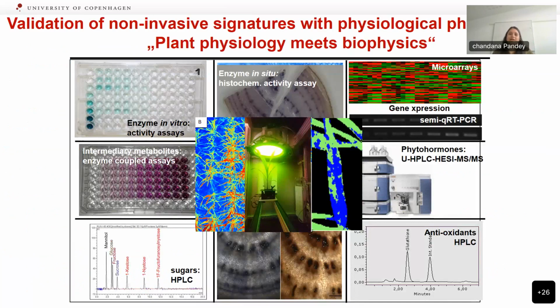So at the end, I can conclude that by using physiological phenotyping, where we use the enzymes and also the breeding lines or the genotyping, we can fill the gap and identify many more signatures which are still missing in the community.